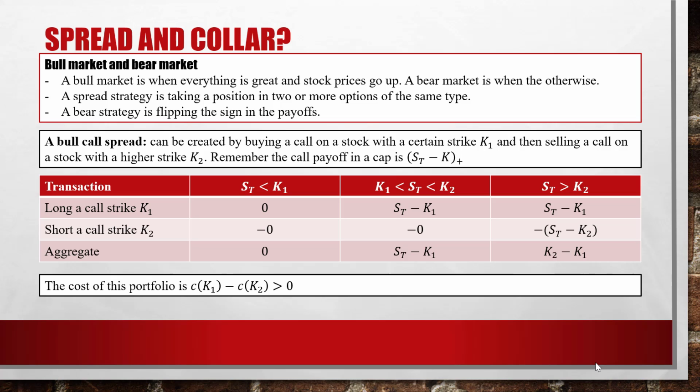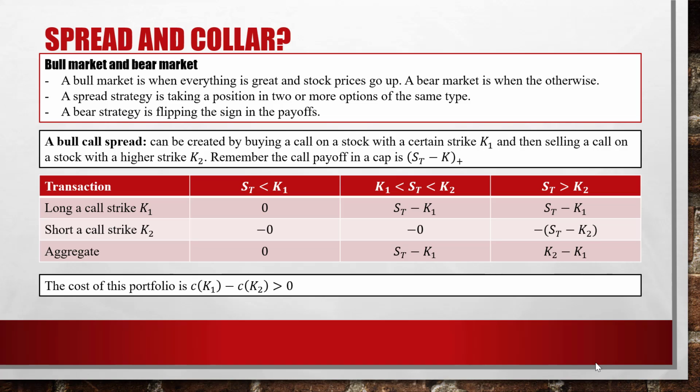For the spread, we will have either a call spread or a put spread, right? So let's consider a bull call spread, which can be created by buying a call on a stock with a certain strike K1 and then selling a call on a stock with a higher strike K2.